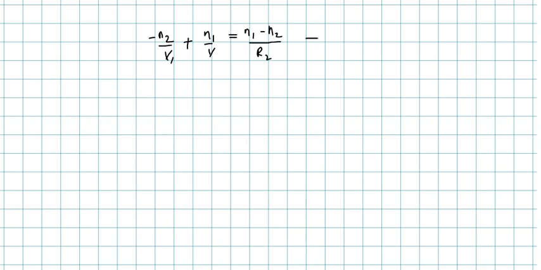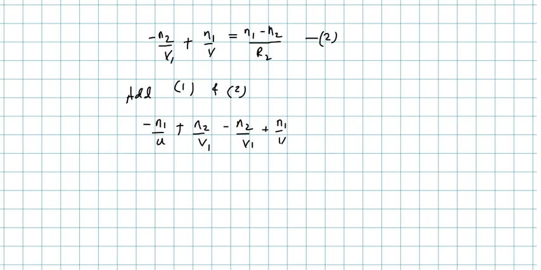This is equation 2. Now, if I add 1 and 2, what do I get? The first equation is minus n1 by u plus n2 by v1, then minus n2 by v1 plus n1 by v equal to n2 minus n1 by r1 plus n1 minus n2 by r2.